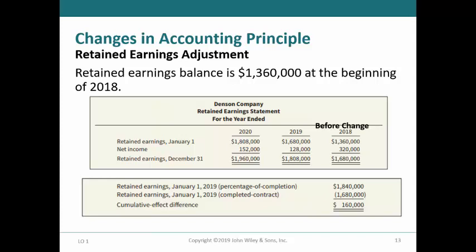However, the cumulative effect on retained earnings will be shown on the 2019 statement and only includes the 2018 amount of $160,000 net of tax. 2019 will be shown using the percentage of completion method, so the net income will include the additional $16,000.